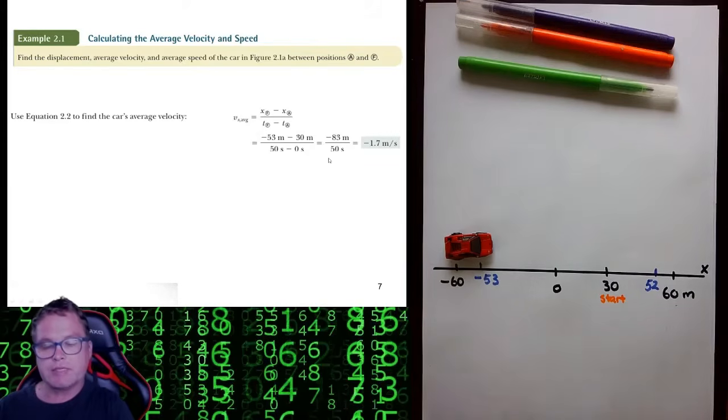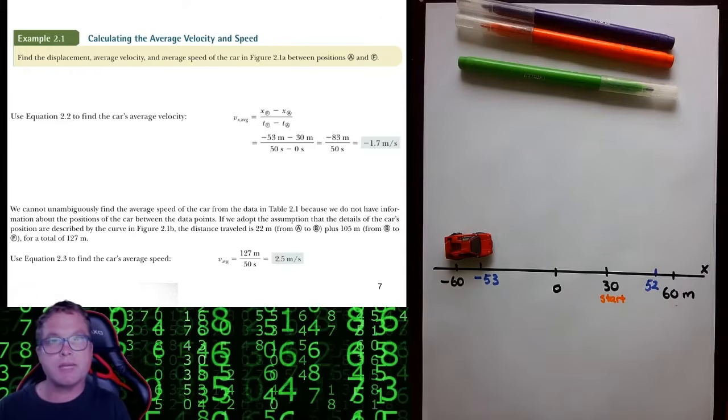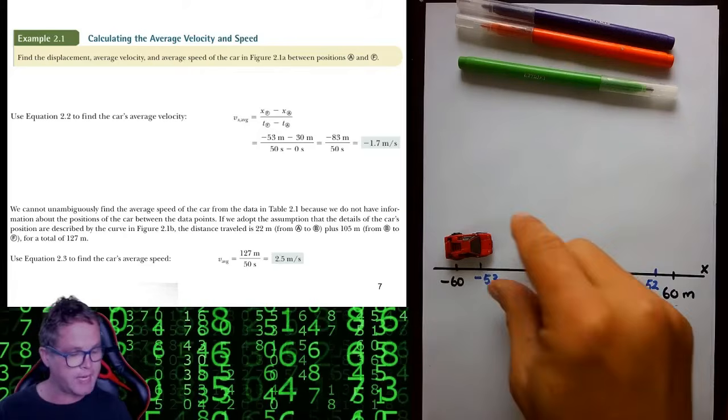Secondly, we need to calculate the speed associated with this journey. Remember when we spoke about the bug, we said for a distance, we would be interested in the actual red line that the bug walked along. So when we calculate speed, we need to take the distance traveled by the car and divide that by the time elapsed.